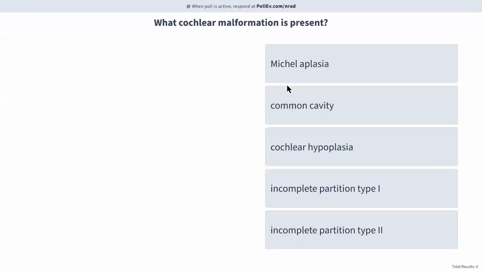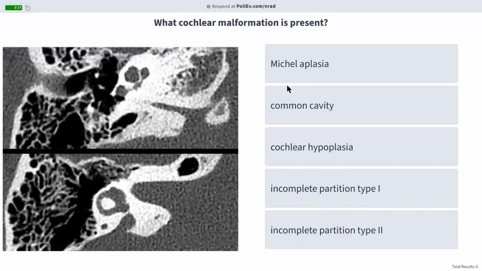Next question is, what cochlear malformation is present? This is a patient who is a child presenting with hearing loss.